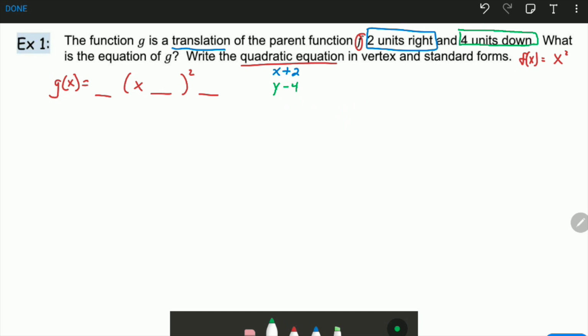Taking this information, we'll put the minus 4 here, because outside affects y values in the same way. And inside x opposite, so we'll put minus 2 right there. We don't need the space out in front because there are no dilations or reflections. So there's the equation in vertex form.